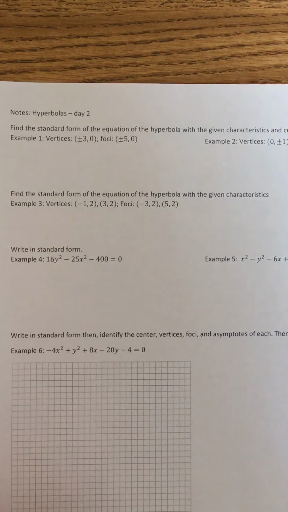All right, let's look at example 2 now. So example 2 gives me vertices at 0, plus or minus 1, and an asymptote at plus or minus 1 over 7 x. So vertices, if I were to graph that, would be up and down 1. So I know that this would be a vertical hyperbola.